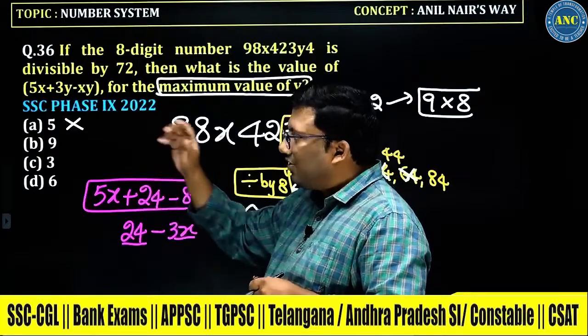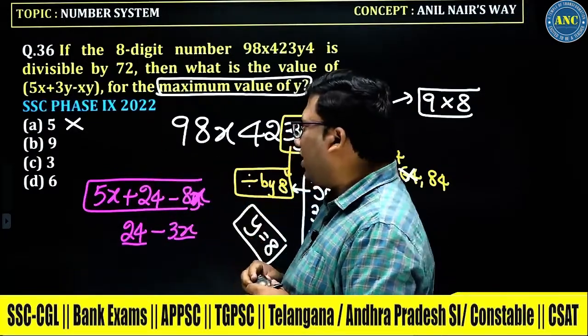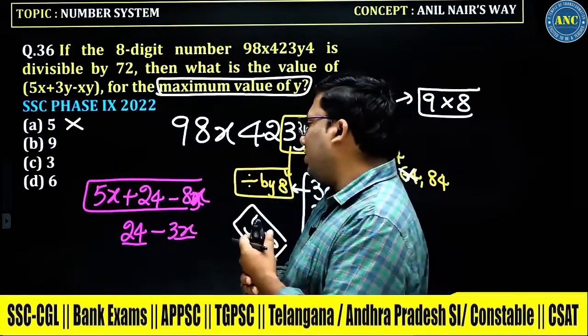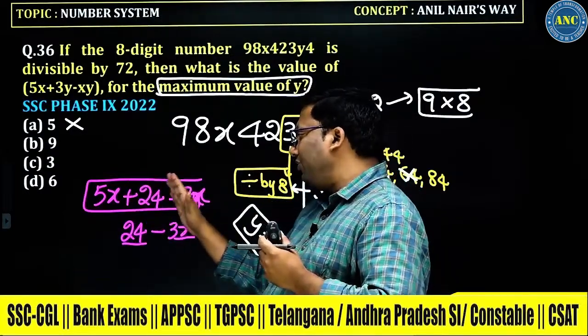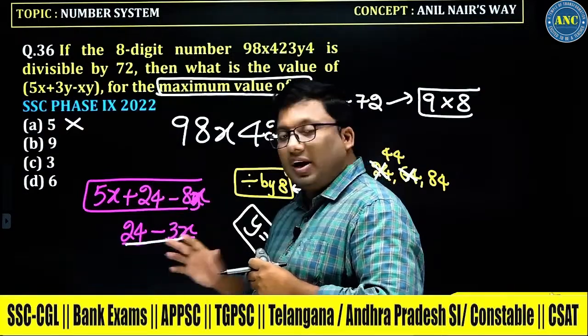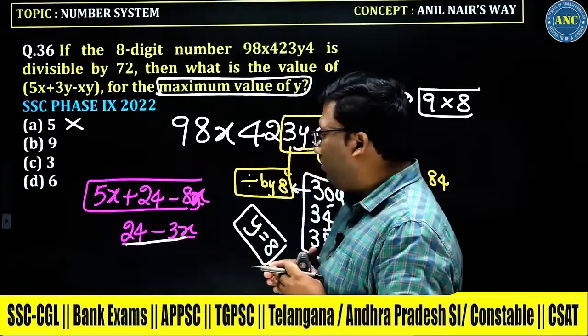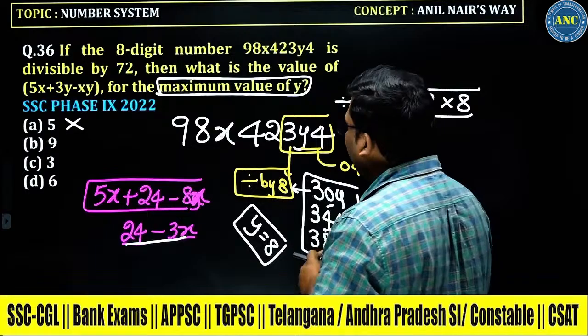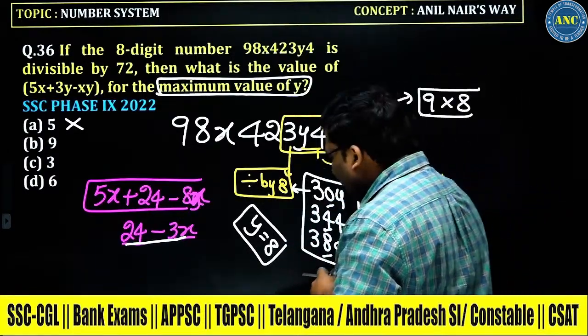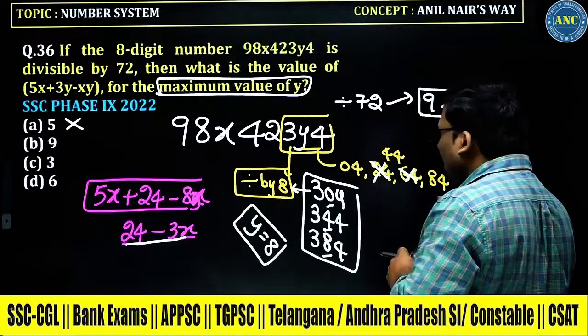5x plus, wherever y is there, I substituted 8. 3 into 8 is 24, x into 8, so 5x plus 24 minus 8x, which becomes 24 minus 3x. The x value we have to determine such that this number is divisible by 9. What is the divisibility rule of 9?